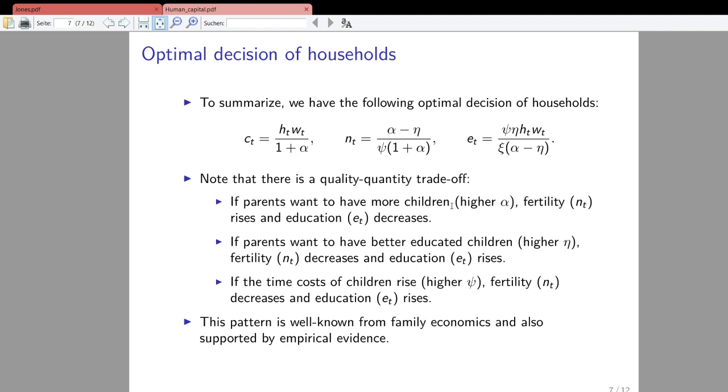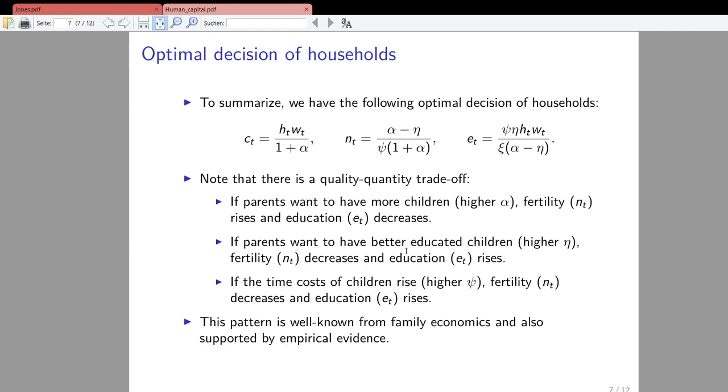So if parents want to have more children, that would mean if they have a higher weight on children in the utility function, so alpha is higher, then we observe that fertility would be higher, but education expenditures would actually be lower. And it can be shown that fertility will be higher, despite the fact that alpha also shows up in the denominator of the expression for fertility. So if parents want to have more children, they raise fertility but decrease education expenditures per child.